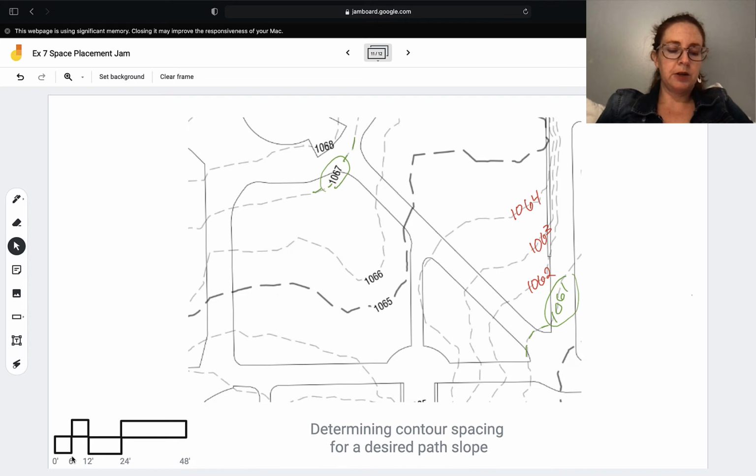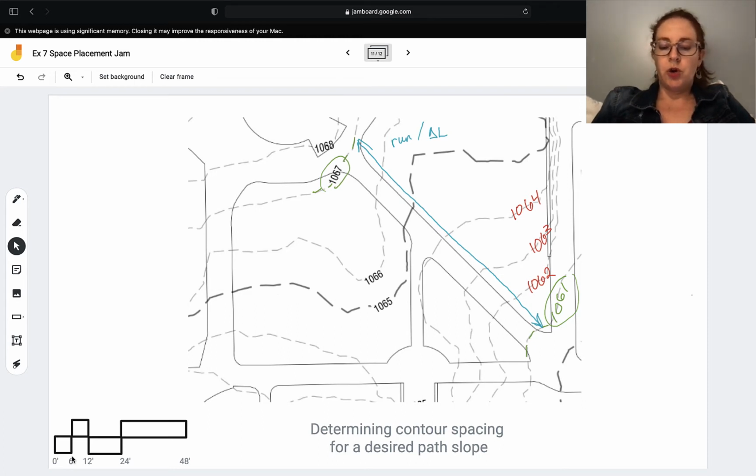So this is what I need to do. Picking a new pen color. All right. So I have this distance, this overland distance, not the vertical distance, but that right there is my run. And I also sometimes refer to that as my delta L, or my change in length.